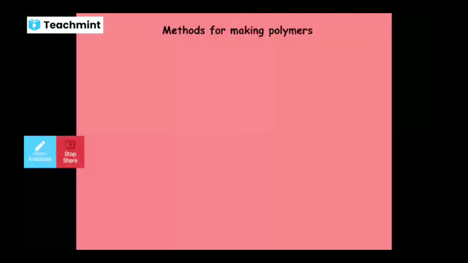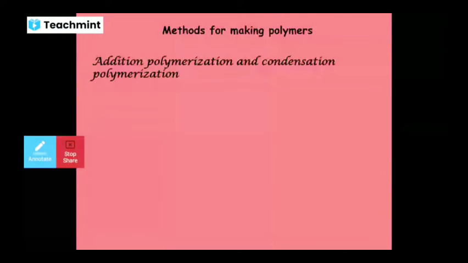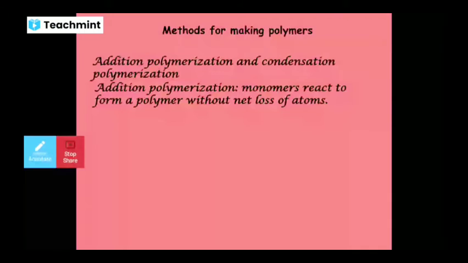Methods for making polymers: addition polymerization and condensation polymerization. First we see addition polymerization. Monomers react to form polymers without loss of an atom is called addition polymerization. Monomers reacting to form a polymer with loss of water is called condensation polymerization.